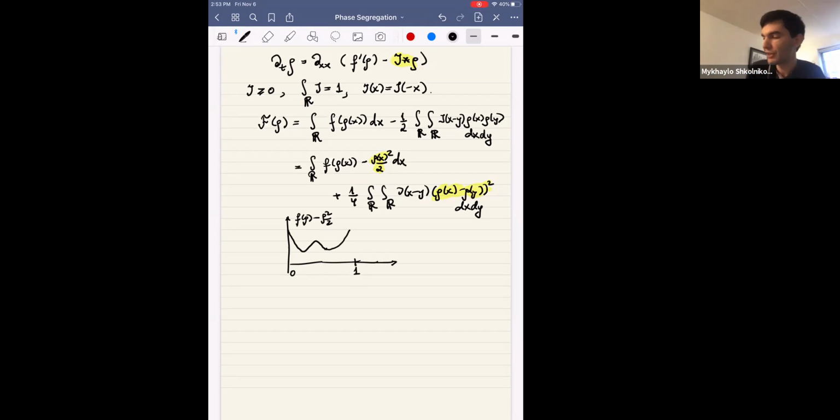And so the point is that this energy functional f minus rho squared over 2 will have two minima at rho minus and rho plus. And those stand precisely for the two equilibrium concentrations in the two phases.